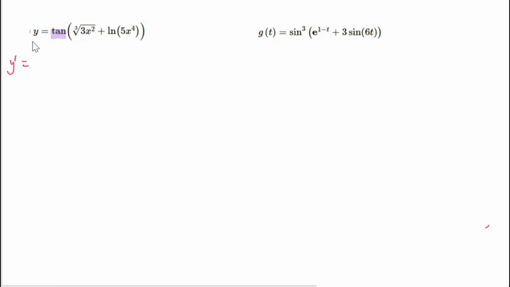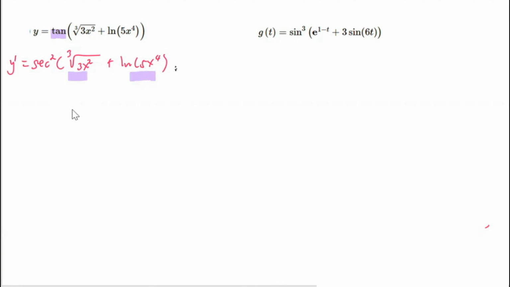So I'll write first secant squared of the angle, copy this one: the cube root of 3x² plus ln of 5x to the fourth power, times, we are going to take now the derivative of these terms.